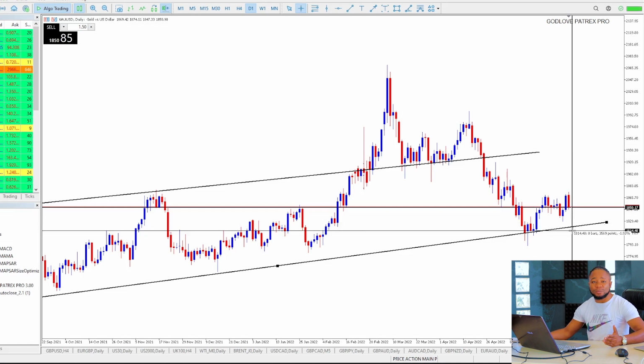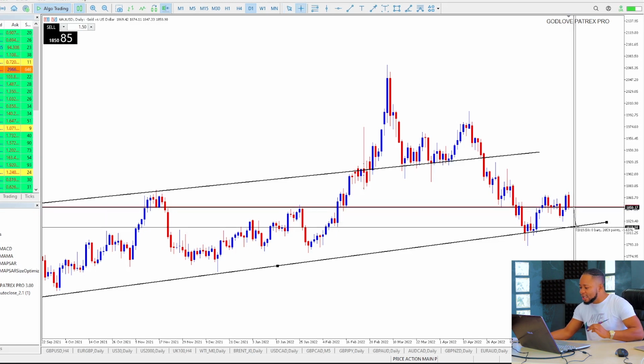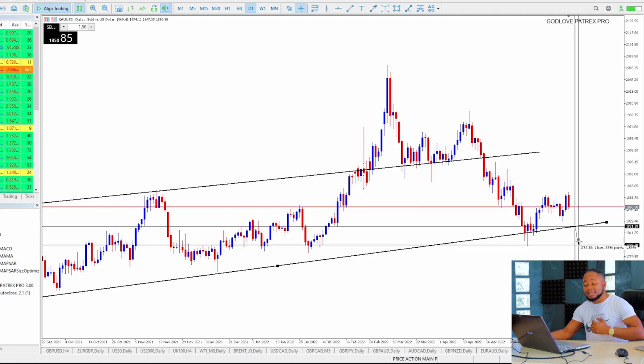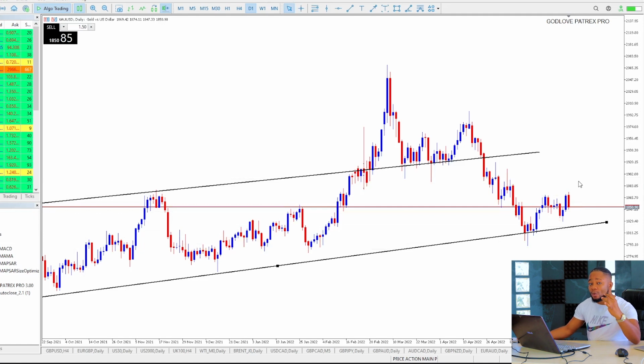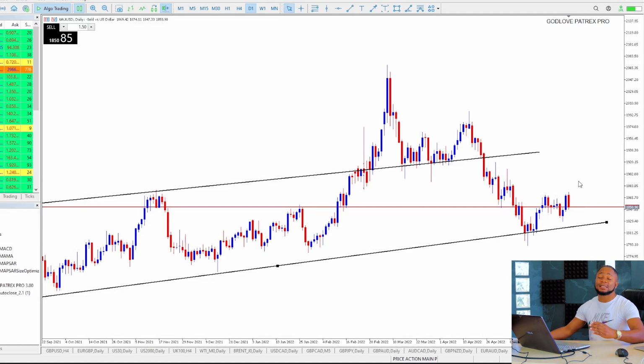It must have already knocked me out. So you see, I suffocated my trade. I didn't give my trade room to breathe. But if you're working with a good sniper entry, where you waited for the market to come back to that sniper point, you'll be putting your stop loss at a reasonable distance that will give your trade room to breathe. So another very big advantage of using sniper entries is it gives your trade room to breathe.